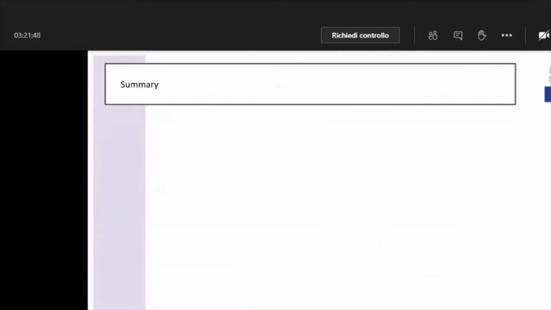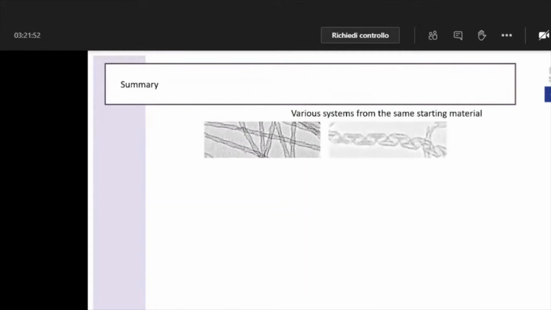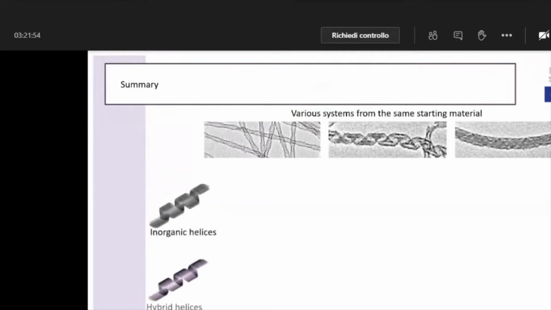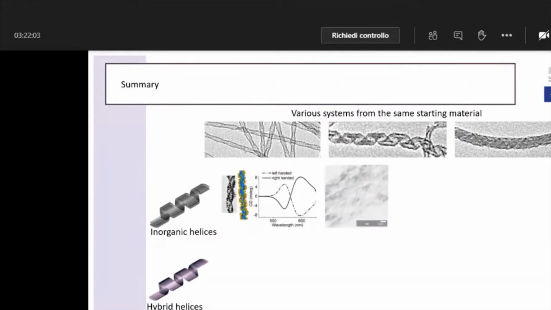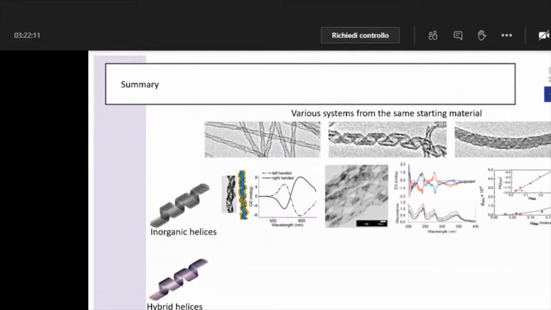So to sum up this part, and then I will let Bala continue: we can make various systems from the same starting material. We have twisted ribbons, helical ribbons and tubes. We can make them inorganic or hybrid. From the inorganic, we are able to use them as templates for the aggregation of nanoparticles or clusters, but also for smaller objects like molecules.